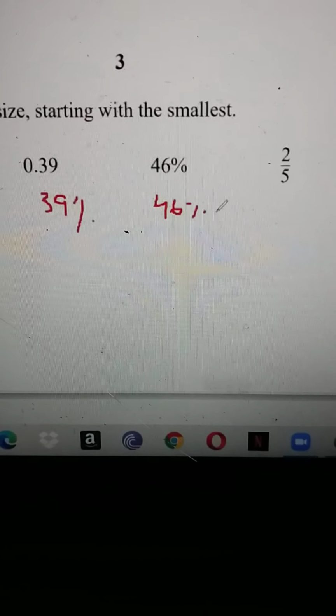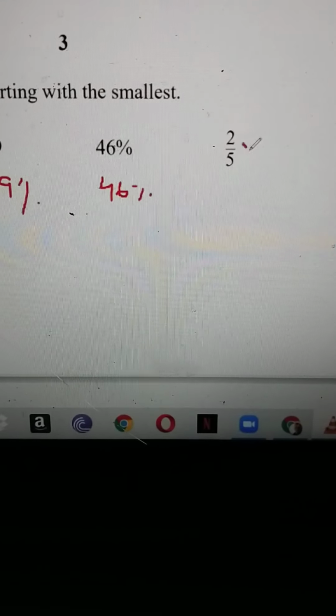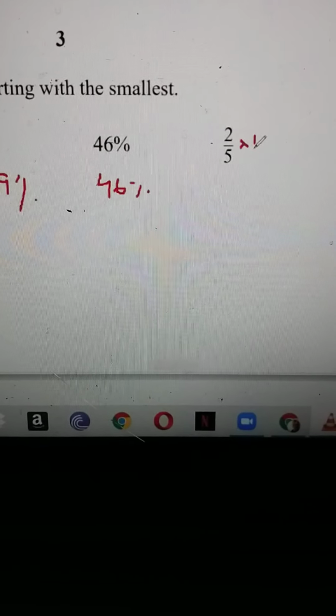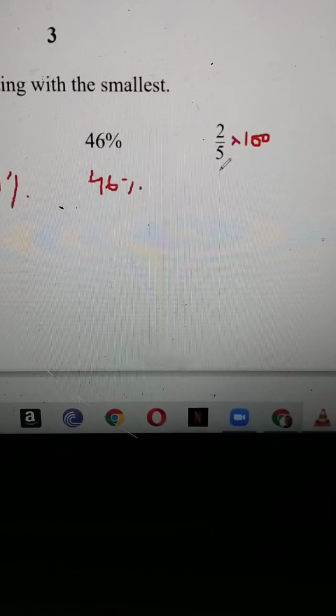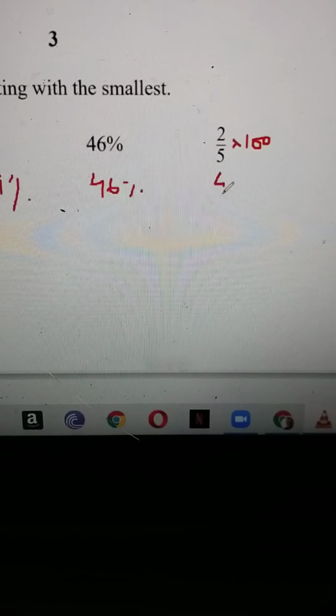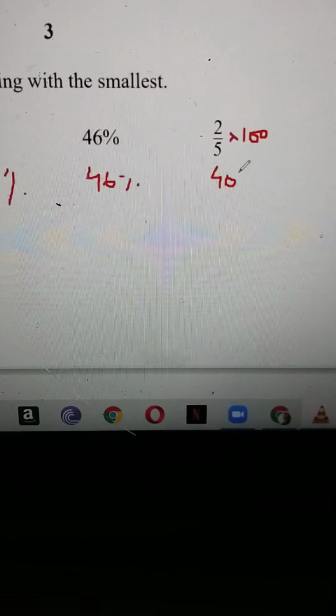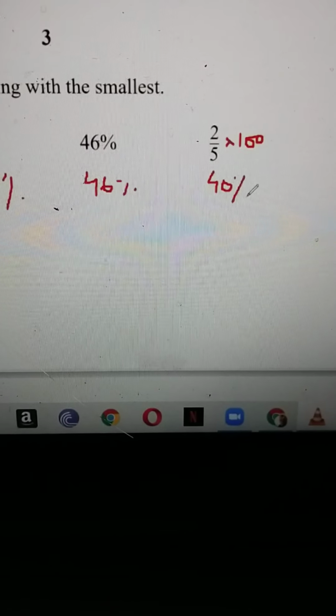And 2 upon 5, when converted into percentage, means multiplied by 100, so that will give you 40%. Now you can easily pick which one is the smallest.